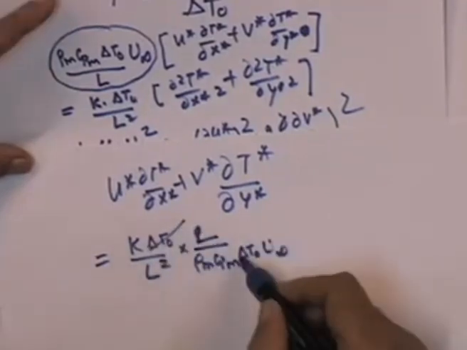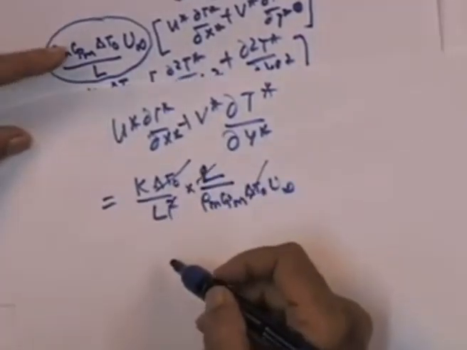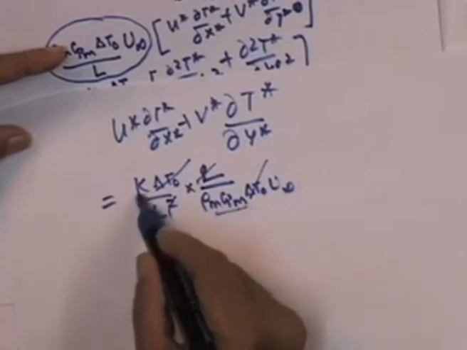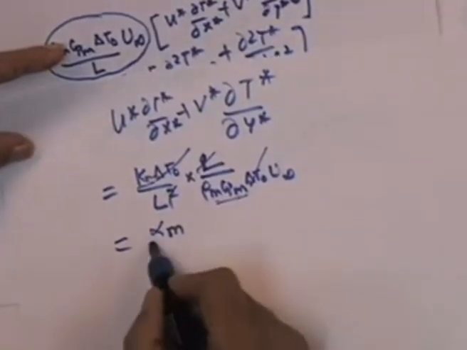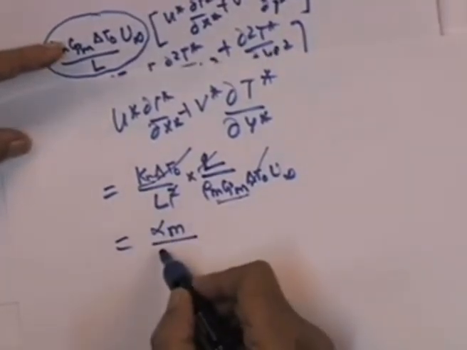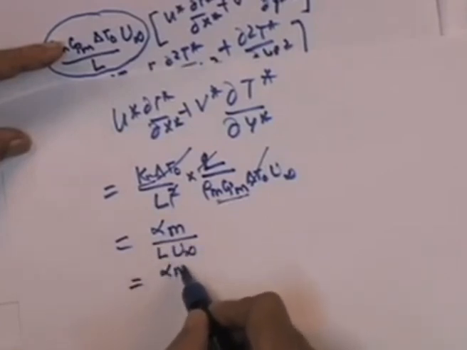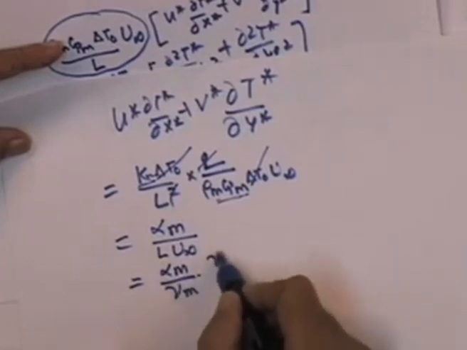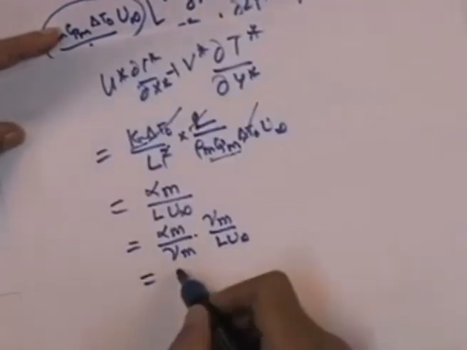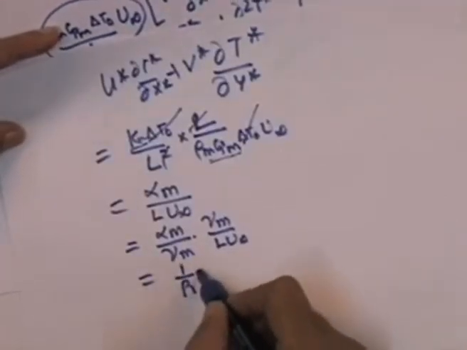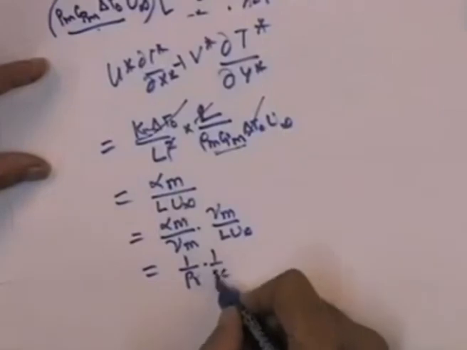So, you will see delta T naught gets cancelled with delta T naught, L gets cancelled with one of these L's, and k divided by rho m CPM, it will be simply the thermal diffusivity alpha m divided by L into u infinity, which I can also write as alpha m divided by nu m, times nu m divided by L u infinity, and that is nothing but 1 over Prandtl number into 1 over Reynolds number, beg your pardon.